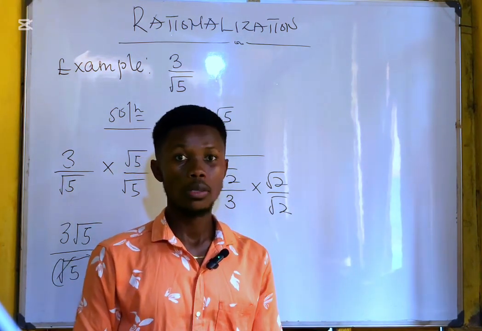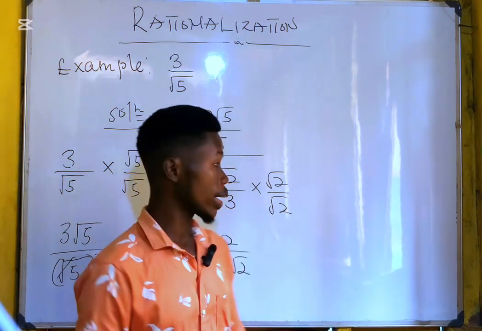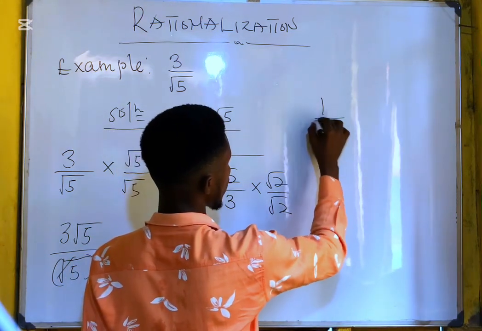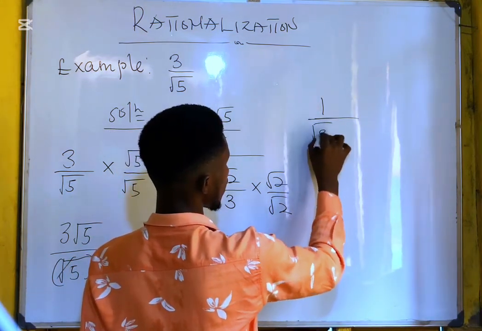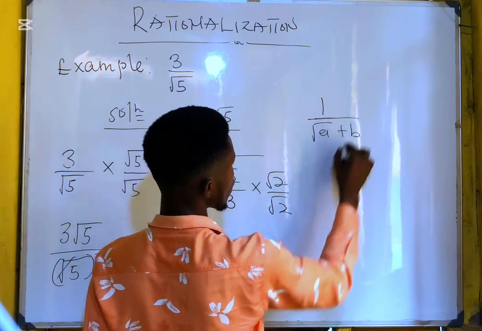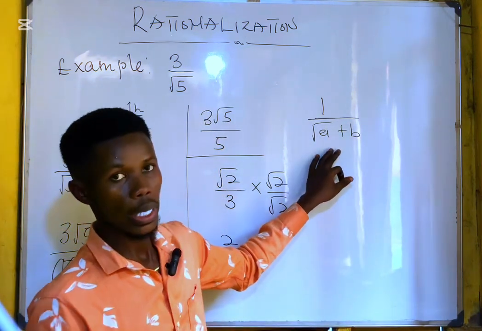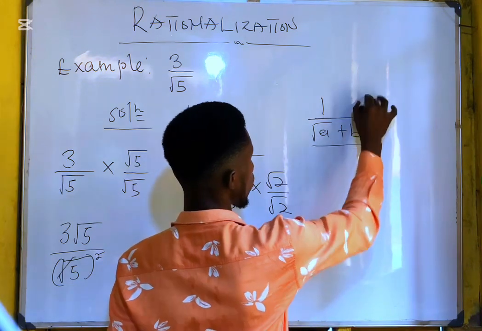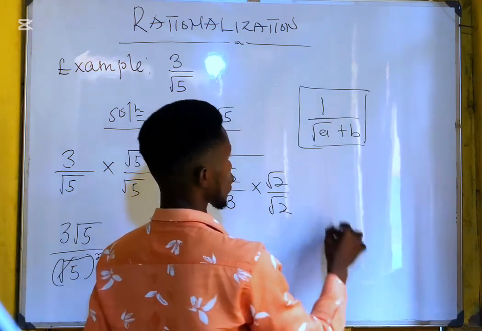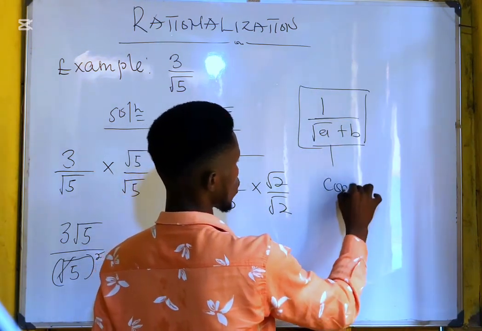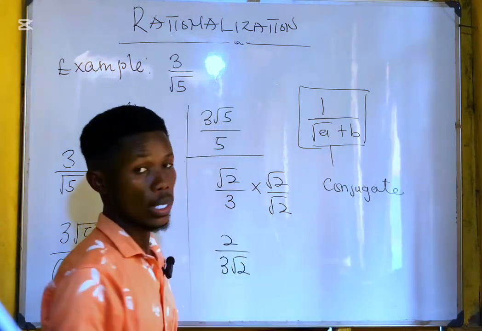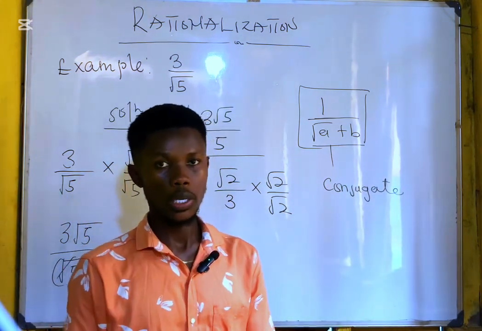Now, somebody may ask, what if there's addition there? Like this. Let's say if I have 1 over root A plus B. How am I going to rationalize this? When it comes to this, we conjugate. Okay? The word is conjugate. We conjugate. What do you mean by conjugation here?